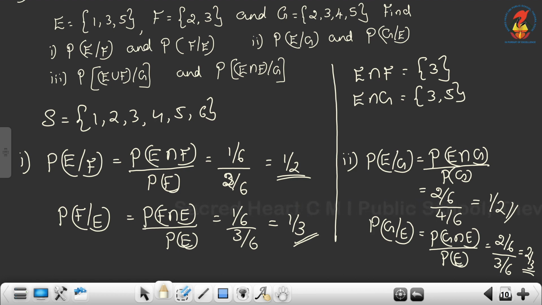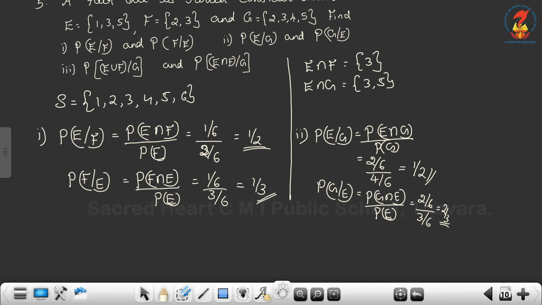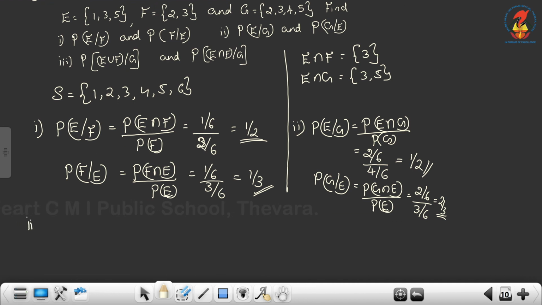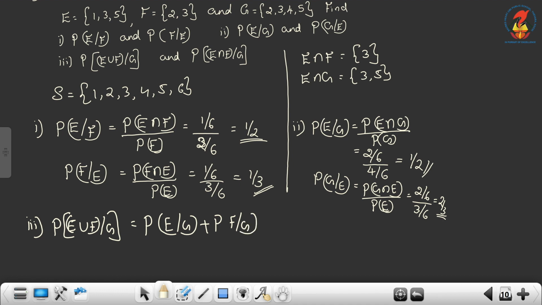Now the third subdivision. P of E union F given G. So what is the result? E union F given G is P of E given G plus P of F given G minus P of E intersection F given G. Okay. E given G is 1 by 2. F given G is here?